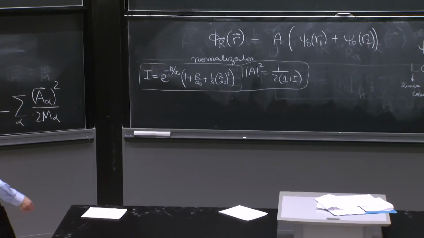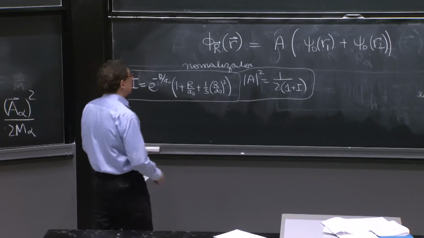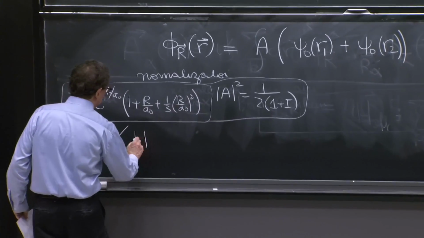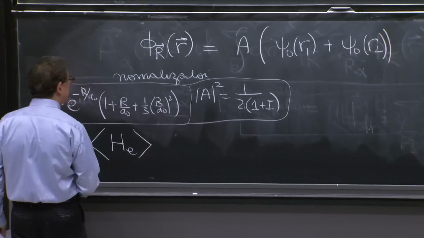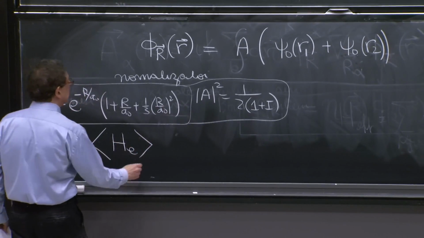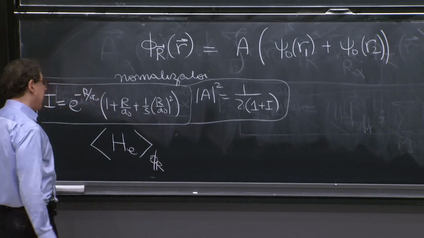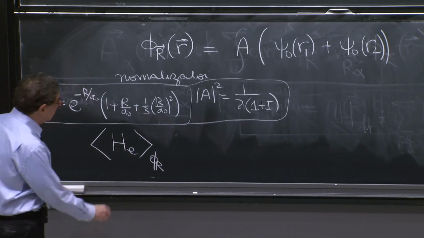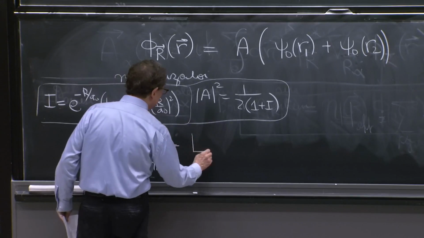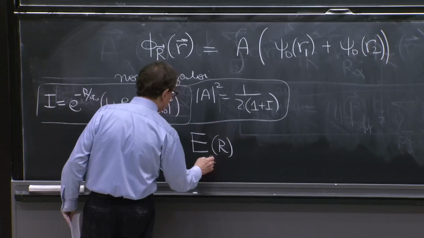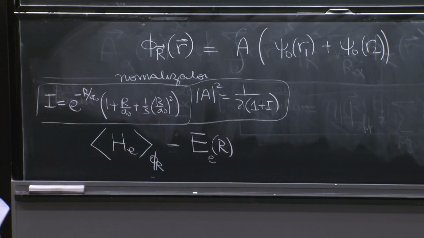And then recall that what we have to do is just put the electronic Hamiltonian inside this wave function, this phi of R. And this is going to give us an energy which is approximately the electronic energy as a function of R. So you have to evaluate the Hamiltonian.